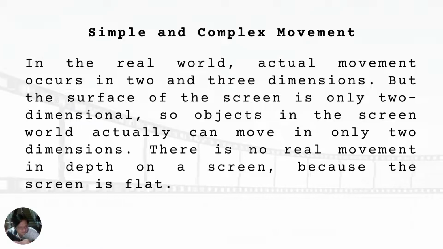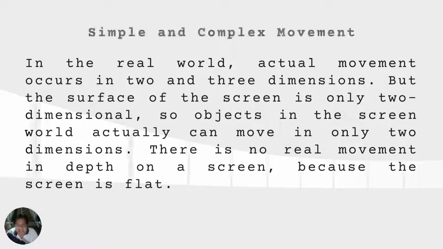So, pag nilagay mo na as a footage, pag nilagay mo na siya as video, you only have a 2-dimensional screen. That creates a 3-dimensional perspective, pero essentially you have a 2-dimensional screen. There is no real movement in depth on a screen because, of course, again, it's flat. It's not 3-dimensional. Okay? So, that's where simple and complex movement comes in.